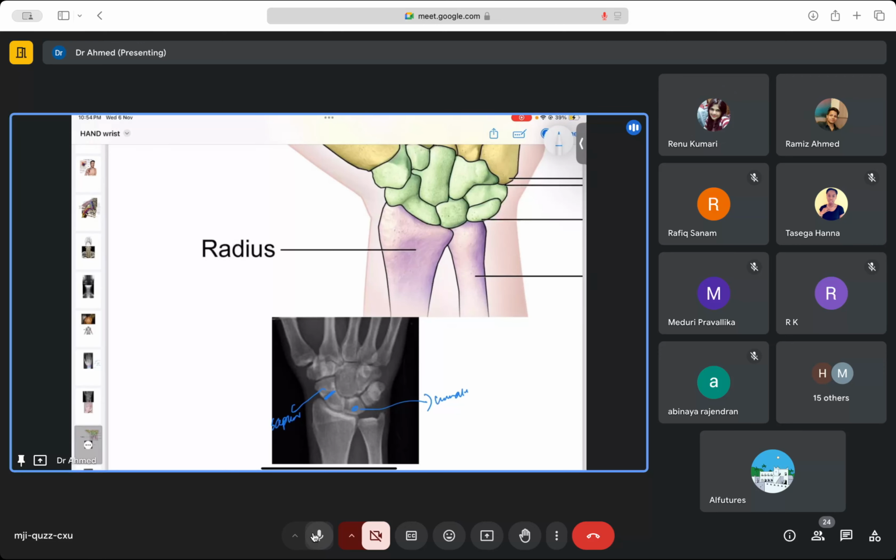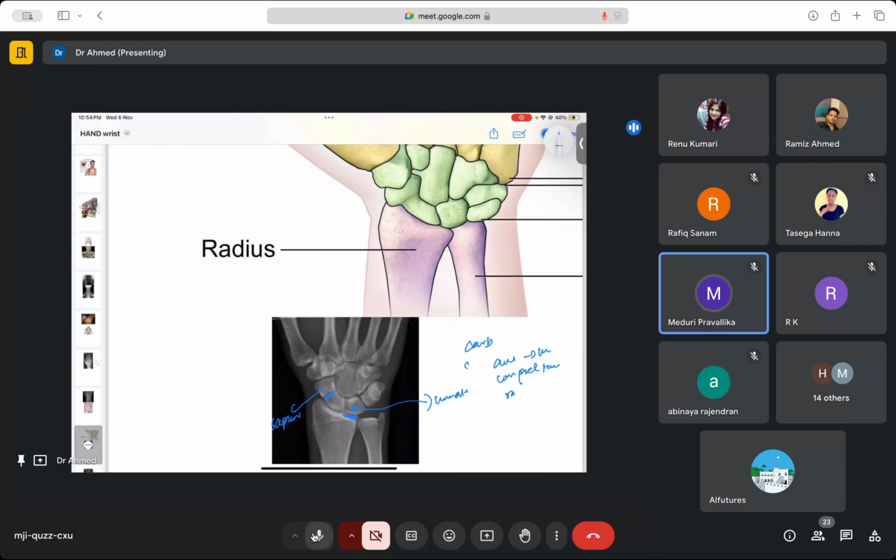Okay, another thing. Lunate basically sits upon the radius, but here you have the carpal tunnel. So whenever we have anterior dislocation of the lunate bone, it can compress the carpal tunnel. And inside the carpal tunnel, you have a nerve going. What's the name of that? Median nerve.